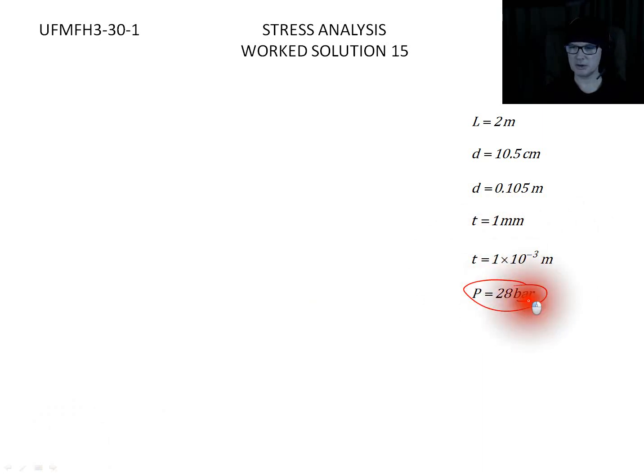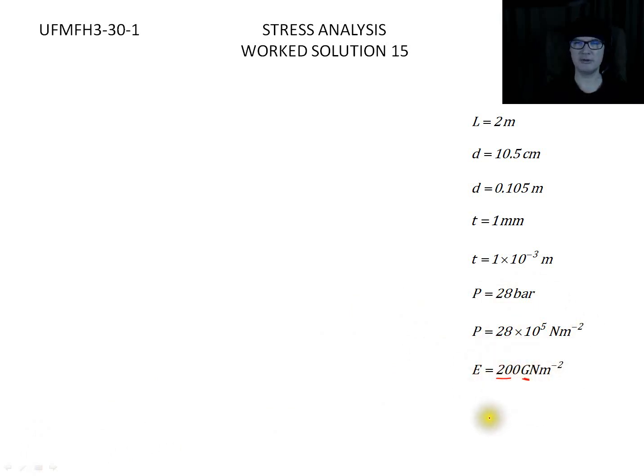28 bar, so a bar is roughly 1 atmosphere, 100,000 pascals, so that's 1 times 10 to the 5. So make the 28 times 10 to the 5, maybe we could change that to 2.8 times 10 to the 6. 200, we've got a prefix here of G for giga, so we need to get rid of that and make it into a 9.